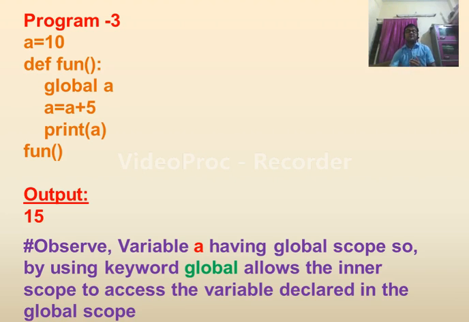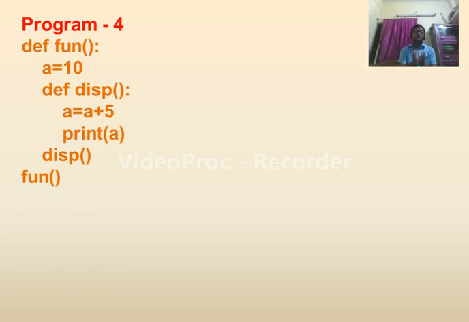Now program number 4. In the fourth program I use two functions, a function within a function. In the first function, once again I declare a variable a with the value 10 and try to use it in another function, disp, with a calculation. The same problem will occur here. Why?